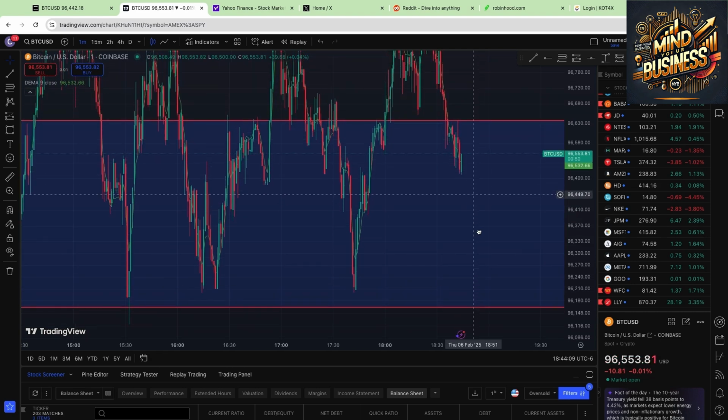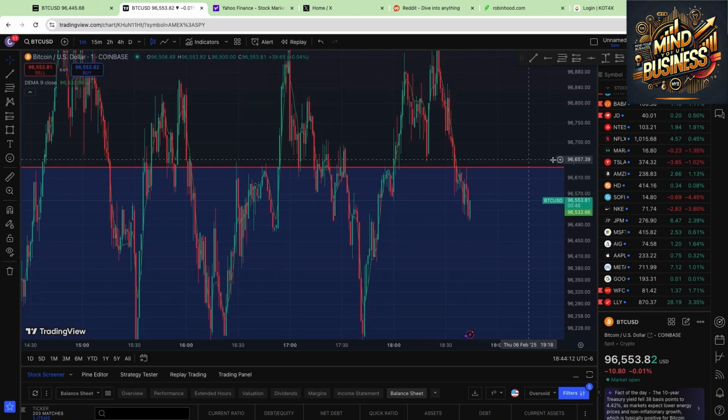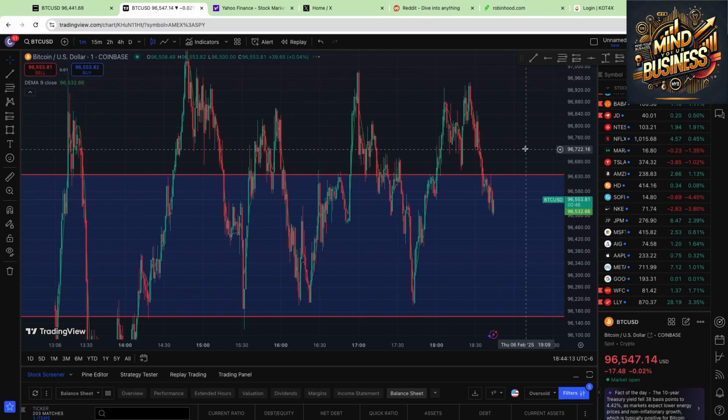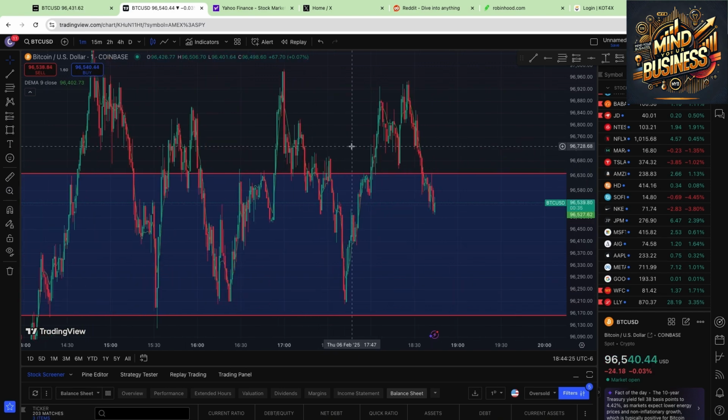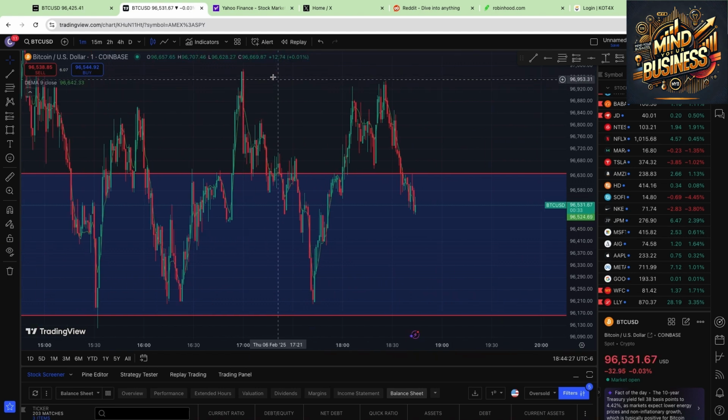As you guys can see, price came from right here, price went up in an uptrend, higher high, higher low, higher high, higher low. And you guys can see it come back down. Lower high, lower low, lower high, lower low, lower high.